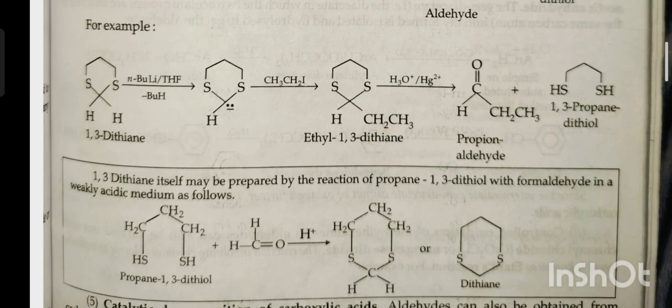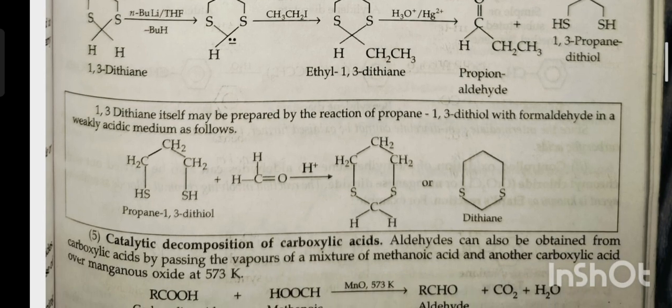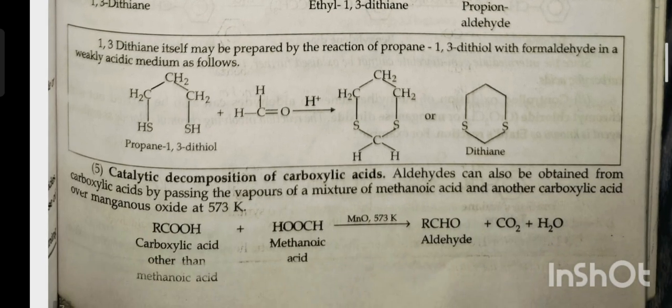1,3-dithiane itself may be prepared by the reaction of propane-1,3-dithiol with formaldehyde in a weakly acidic medium as shown below. Propane-1,3-dithiol plus aldehyde in the presence of a slightly acidic medium gives dithiane. Fifth, catalytic decomposition of carboxylic acid.